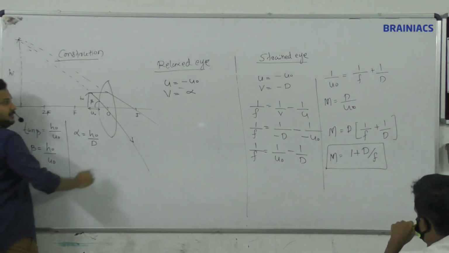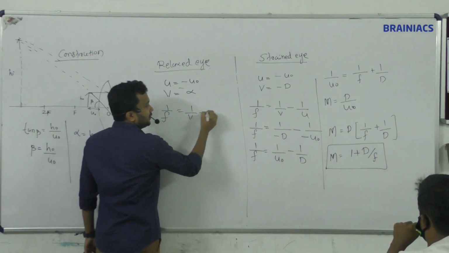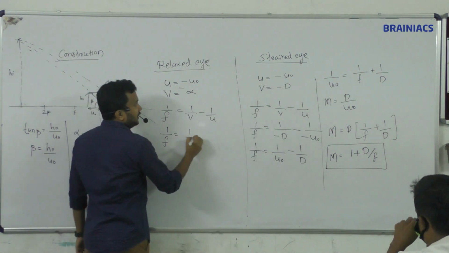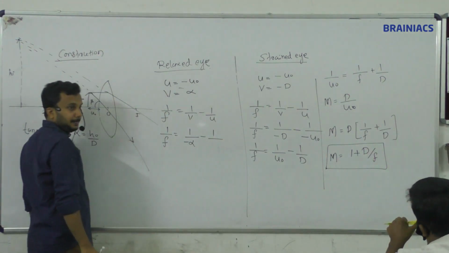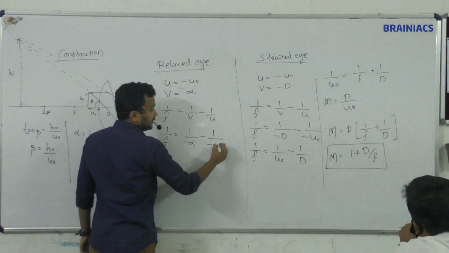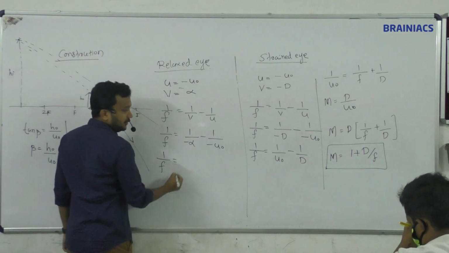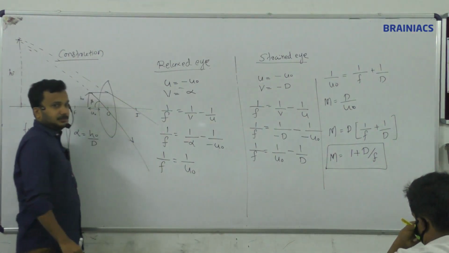We use the same lens maker steps: 1/v minus 1/u, where 1/f is the constant focal length. v is minus infinity, and u is minus u0. 1 by infinity is 0, so this becomes 1/u0.